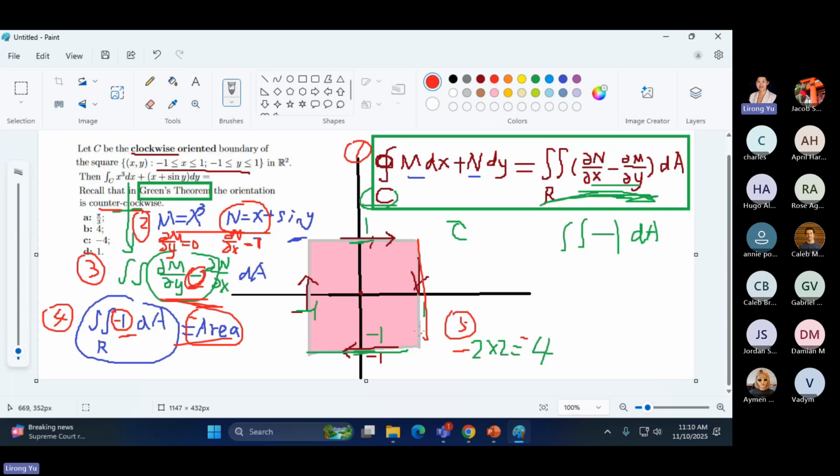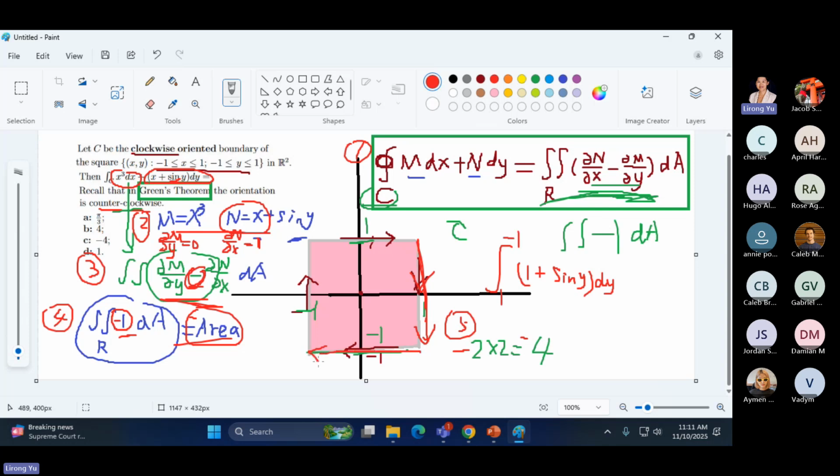If you start from here, on this one you integrate the line integral, you will see that dx equals 0 on that line, and you're going to calculate the antiderivative of 1 plus sine y dy, since x equals 1 here. And the y value in this orientation goes from 1 to -1. So that's this part.